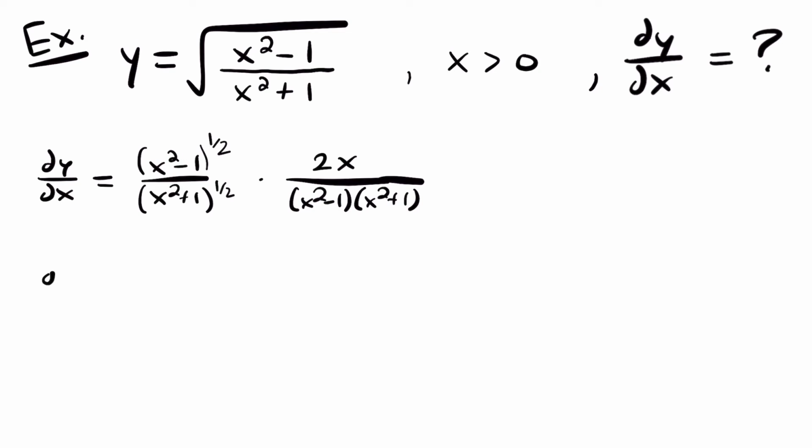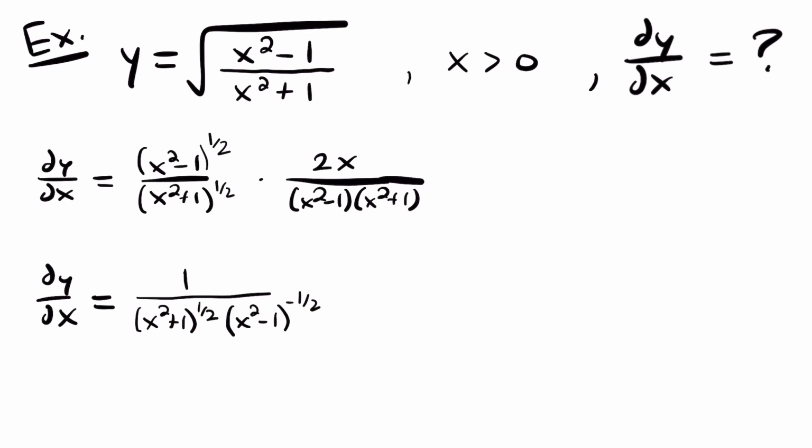And so what we'll have is that dy/dx is equal to 1 divided by (x squared plus 1) to the 1/2 power times (x squared minus 1) to the negative 1/2 power. Right, we moved this quantity with a positive power to the denominator, so now it has a negative power. And that's still multiplied by 2x divided by (x squared minus 1)(x squared plus 1).